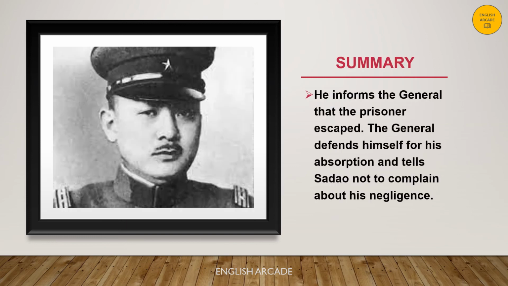After the American leaves, he goes and informs the General that the prisoner had escaped. The General defends himself for his absorption and tells Sadao not to complain about his negligence. He had been negligent. He forgot to send the assassins, and that's why the assassins never came.